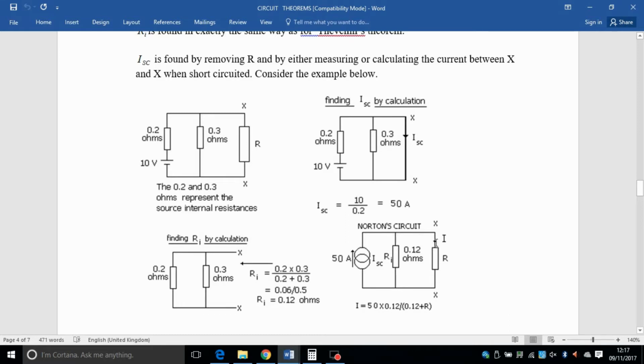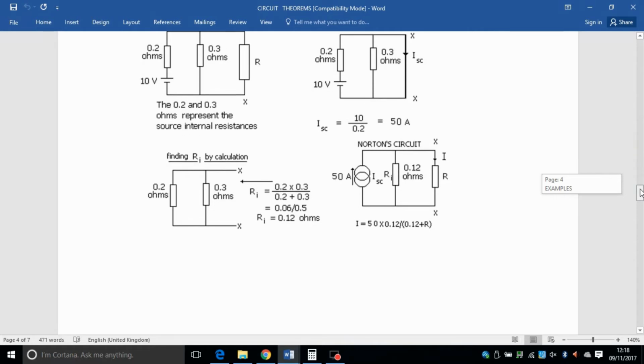Then to find the I that goes through the load is easy. You just use that formula I taught you before, for finding the current in one branch when you have the total current coming and two resistors in parallel. It's the total current times this resistor divided by the sum of those two resistors, which will give you this current.